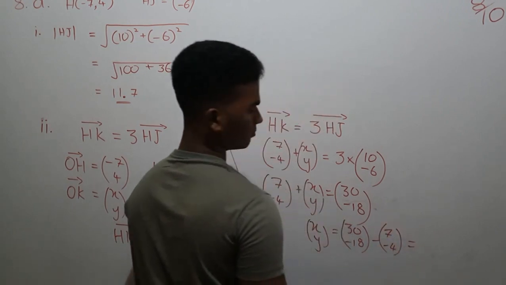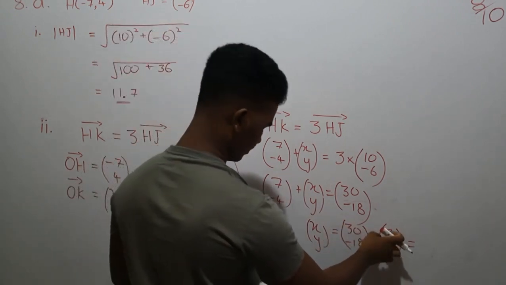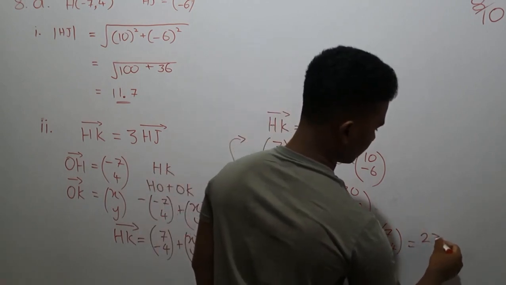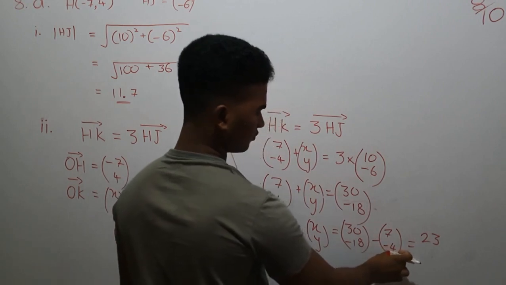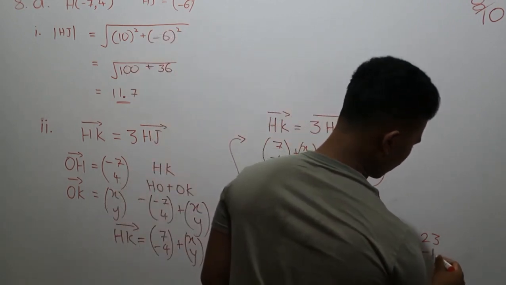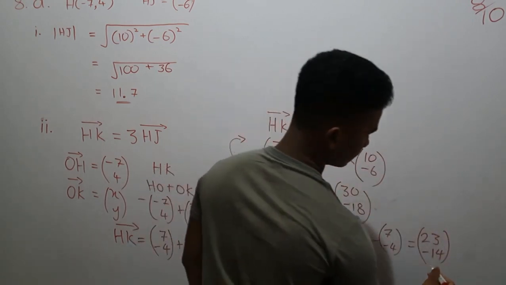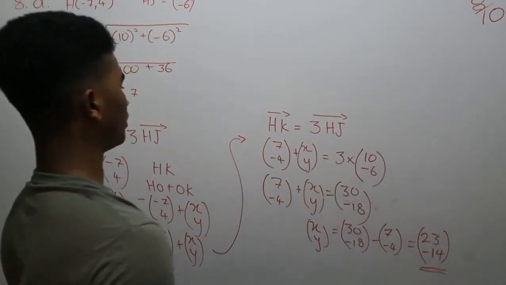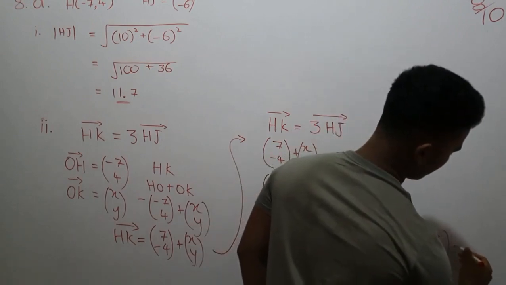It's just simple addition and subtraction. So 30 minus 7 is 23. Minus 18 minus -4 is -14. So this is our final answer, the final answers of x and y. So this is equal to our point K.